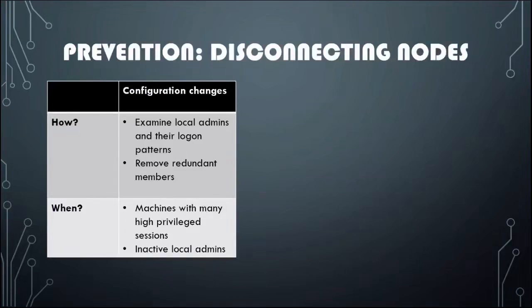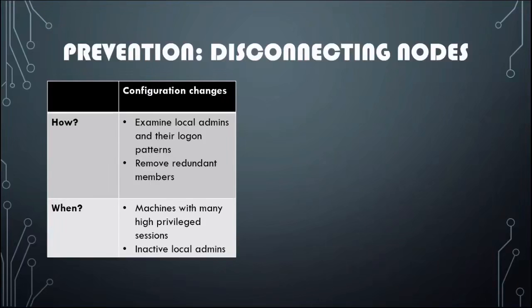All right, so now that we found the most vulnerable nodes, the question is, how can we disconnect them from the attack graph? Well, the first thing that we can do is perform configuration changes on the vulnerable computers. So we need to examine the local admins on those vulnerable computers and their logon patterns and remove any redundant members.